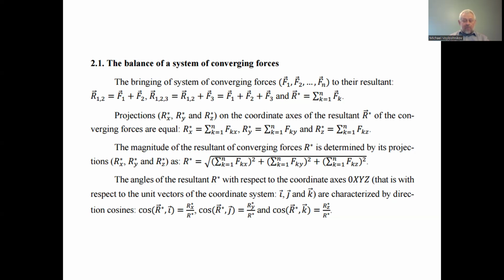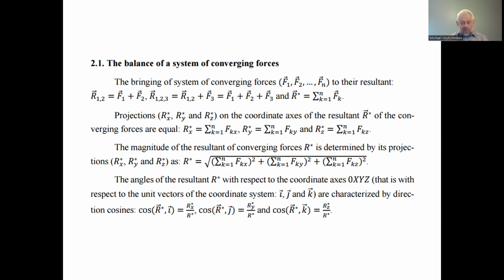For a system of convergent forces, the difference is that we do not need to set the total action moment of all efforts equal to 0, because the forces acting on the mechanical body intersect in one point, so the system of forces does not cause a rotating moment.